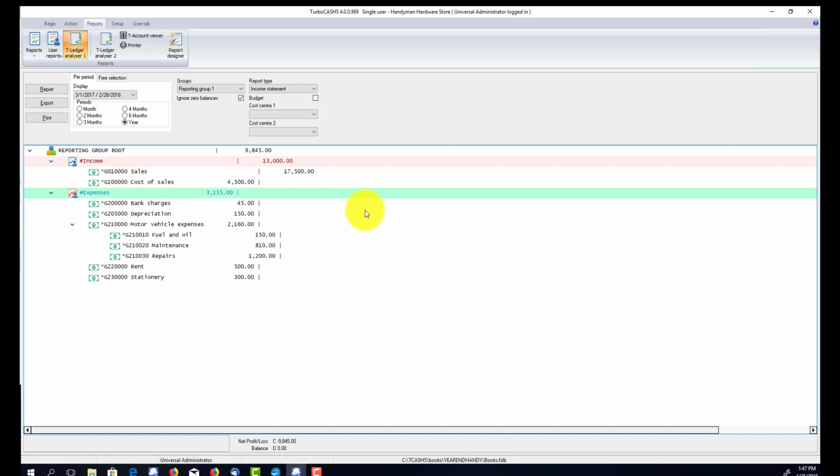And this shows me sales of 17,000, cost of sales of 5, that gave us 13,000, and here were some expenses, and we would have made a profit of the sales minus the expenses, giving us a profit of 9,845. So when we come to the end of this financial year, we're going to transfer this profit of 9,845 into a retained earnings account, and we're going to move everything else forward.